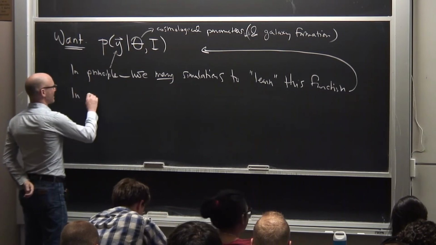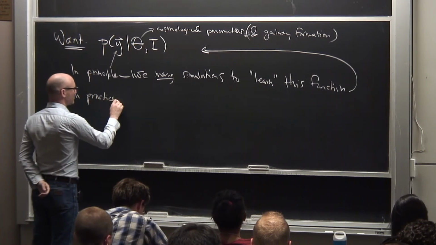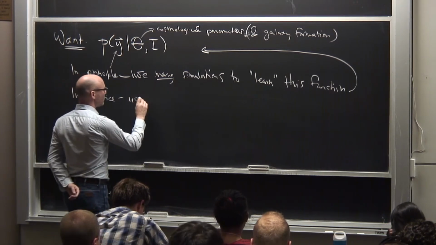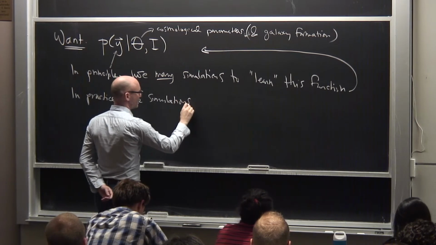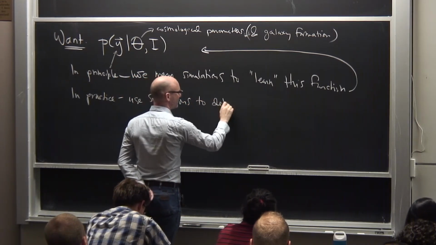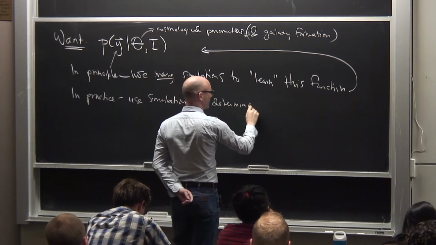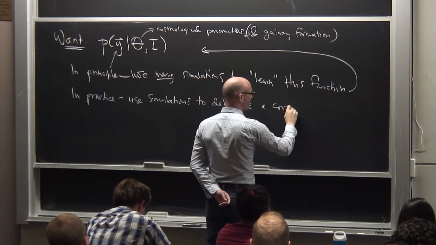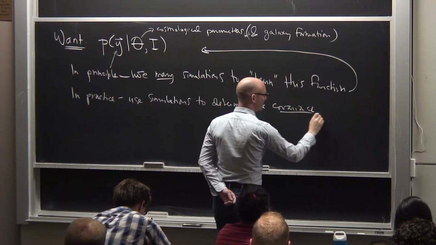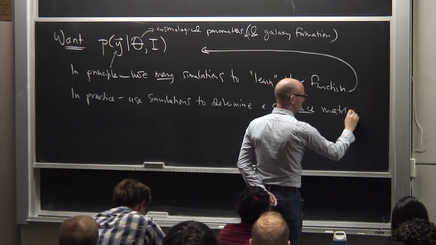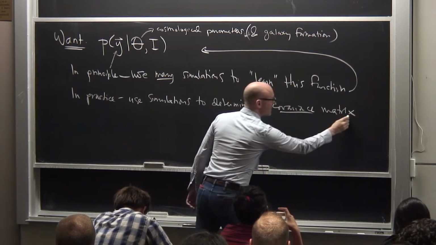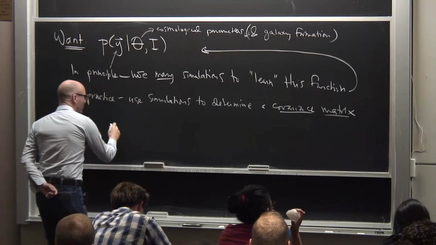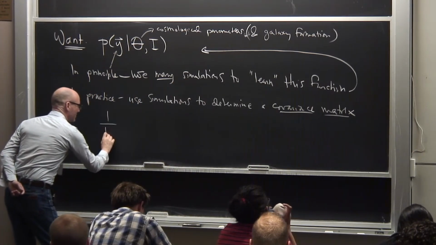So in practice, we use simulations to determine a covariance matrix. What do I mean by a covariance matrix? Say we have M simulations.